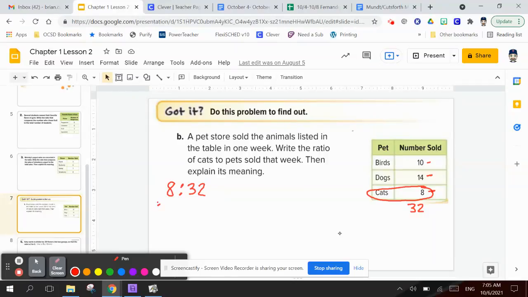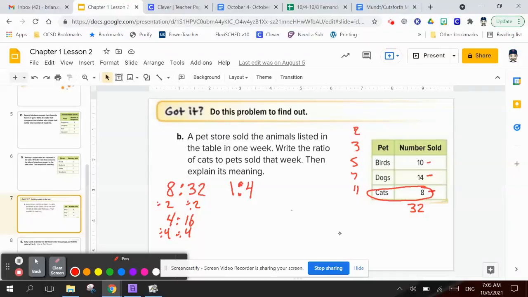So I know again that with 2, 3, 5, 7, and 11, both numbers are even, so 2 is a factor of both. 8 divided by 2 is 4. 32 divided by 2 is 16. And I know my doubles, so I know 4 times 4 is 16. So if I divide each by 4, 4 divided by 4 is 1. 16 divided by 4 is 4.